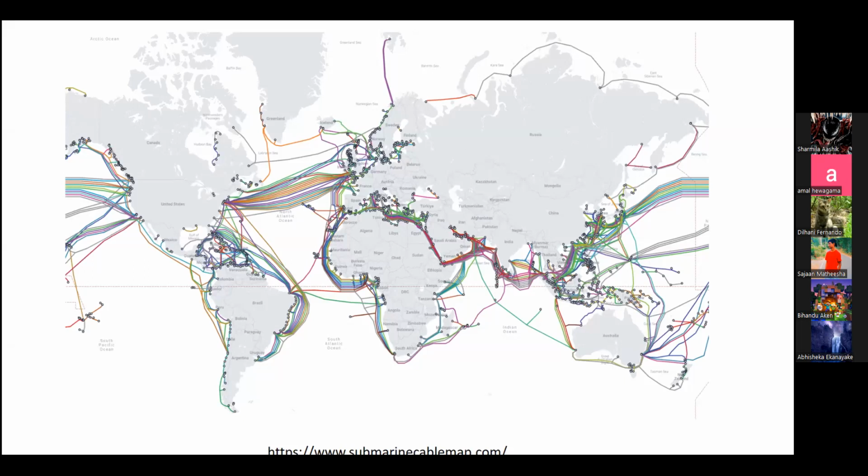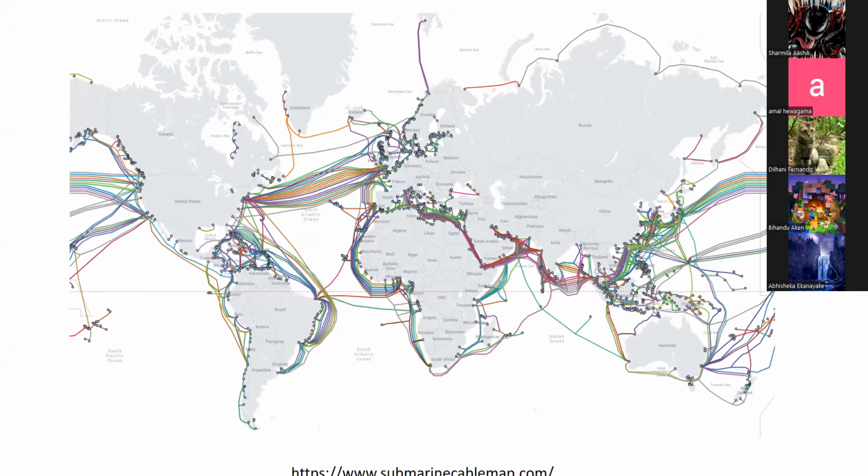These are what allow us to communicate with other countries. Now, these carry hundreds of gigabytes or even terabits of data actually. And these cables are what allow this global network to operate.